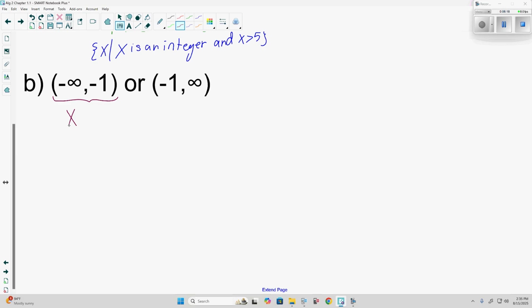Our interval notation will not. So we're saying x is less than negative 1, because we're going to the left, to negative infinity. We want the values of x that are smaller than negative 1. For this statement here, could x be negative 1? Could it be equal to it?